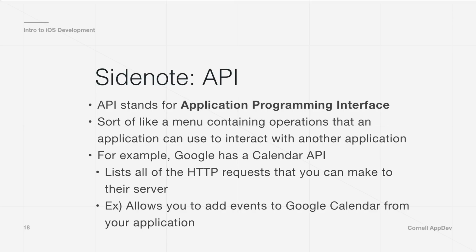For example, there's a Google Calendar API, and that lists all the HTTP methods that your application can make to interact with the Google Calendar server. If you wanted, you can make an application where you would allow a user to add an event onto their Google Calendar from your application. So it's just some way for your application to interact with another server or another application.